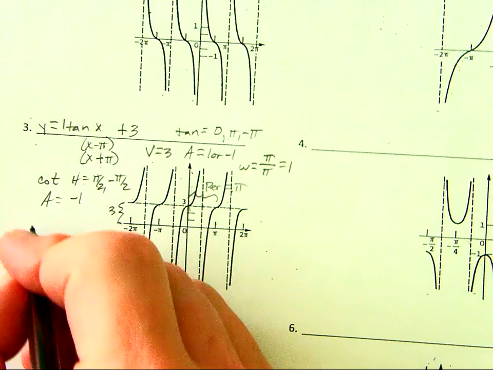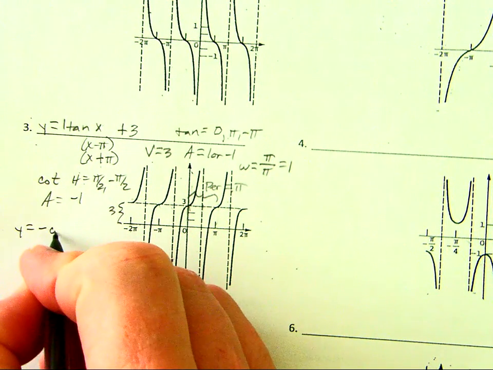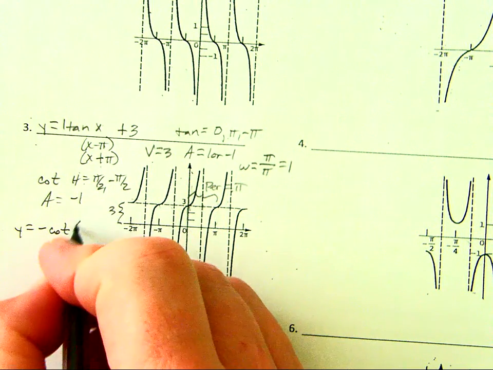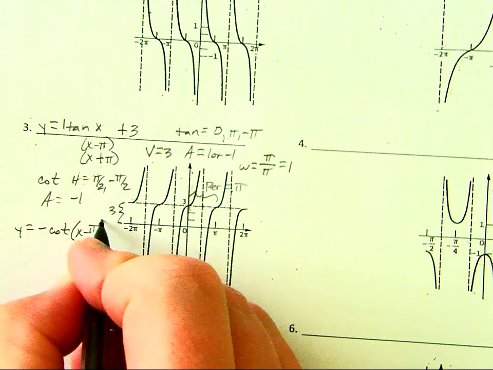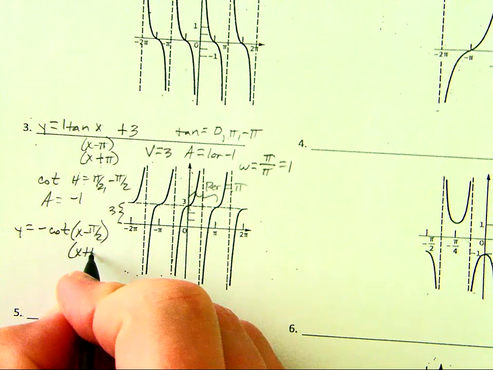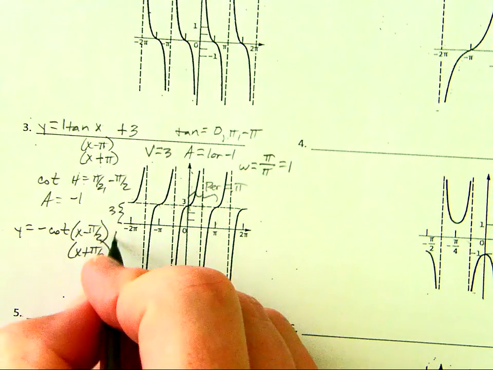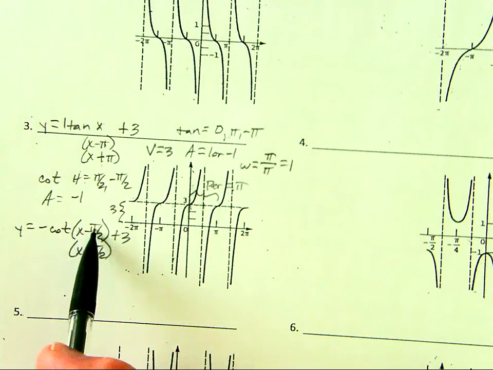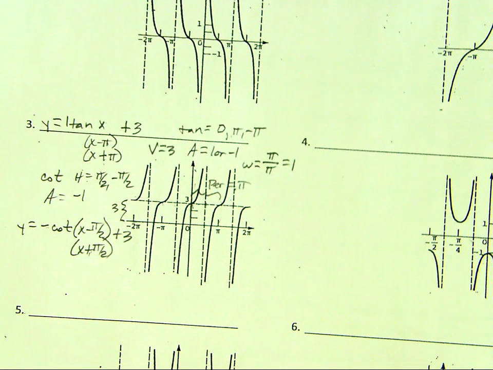So if we were using cotangent, we'd say y equals -1 cotangent. Our angular velocity is still 1. Now we have either x minus pi over 2, or we could have used x plus pi over 2. Either one of them gets us okay. And then our vertical shift is still 3. So the only thing that changed was our horizontal shift, and we changed our amplitude because we had to flip it over. So that's how you do tangent and cotangent.